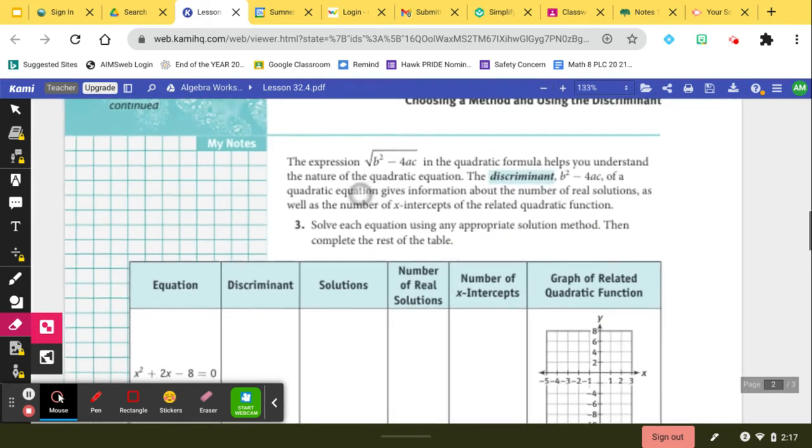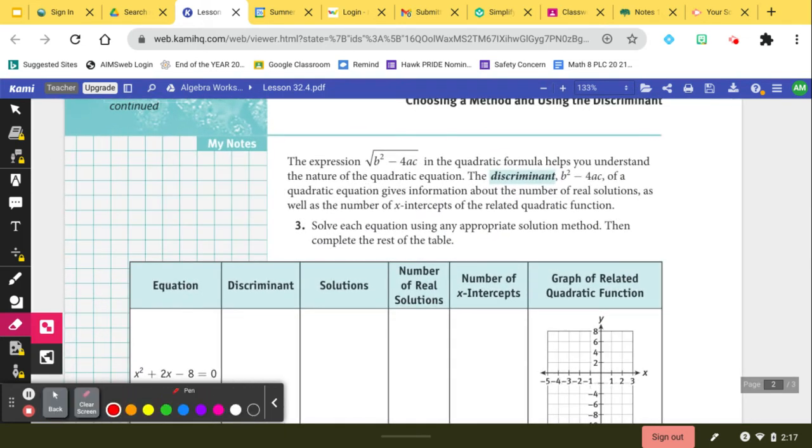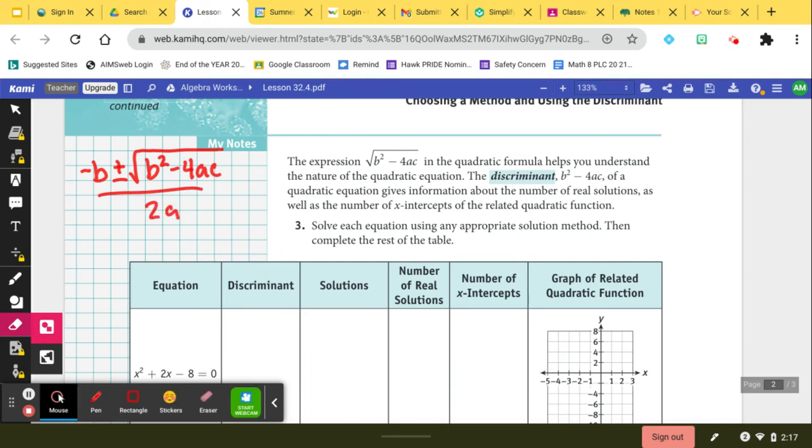Just a quick reminder that my quadratic formula is negative b plus or minus the square root of b squared minus 4ac all over 2a. So, reading this paragraph, it says the expression square root of b squared minus 4ac in the quadratic formula helps us understand the nature of the quadratic formula.